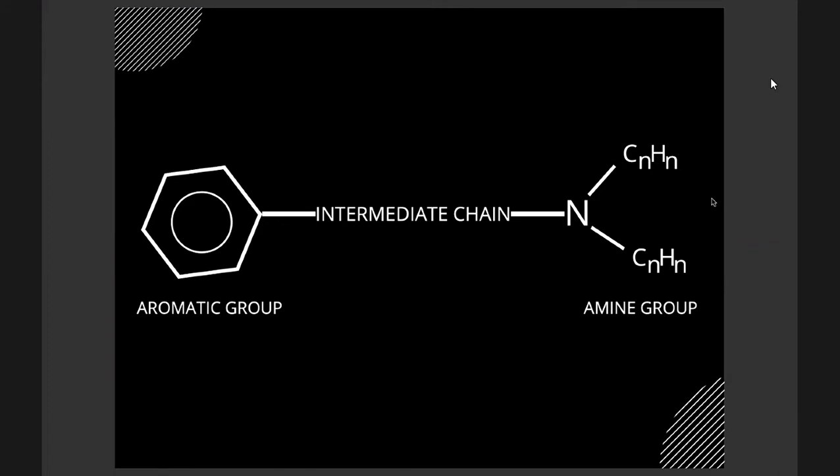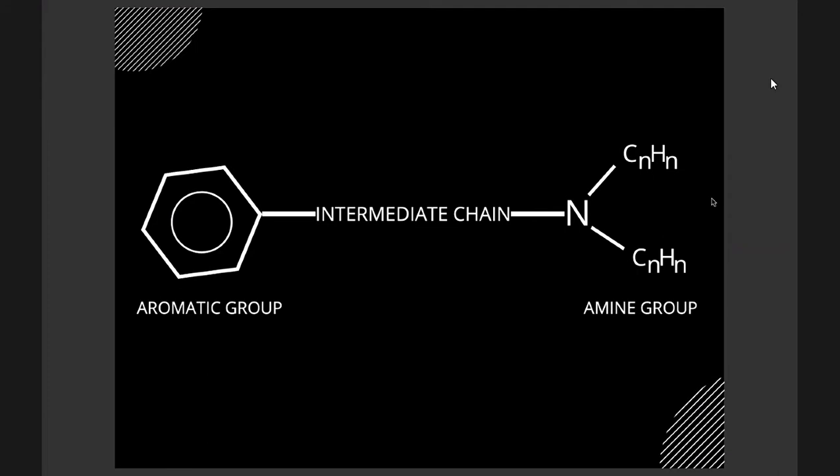So your intermediate chain could either be an amide linkage or an ester linkage. The intermediate chain that connects the lipophilic head of your local anesthetic to the hydrophilic tail contains an amide or an ester linkage, thus subdividing the clinically useful local anesthetics into amino esters and amino amides.